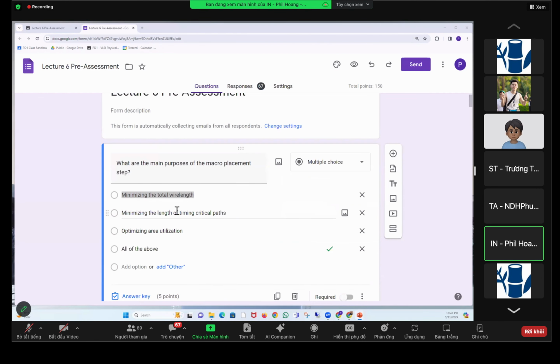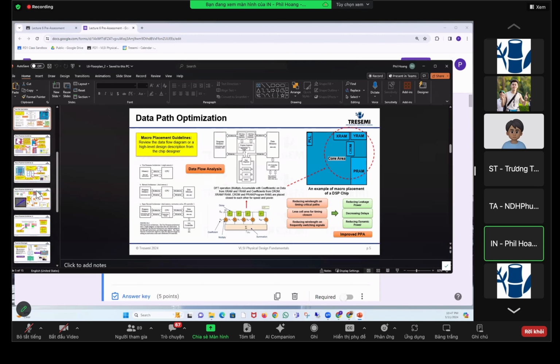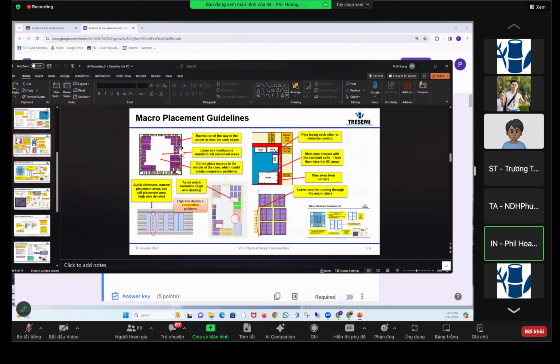Optimizing area utilization, for sure, because if you look at the standard cell areas over here, placing these macros gives a contiguous standard cell placement area. This is more efficient than having it fragmented with these notches.